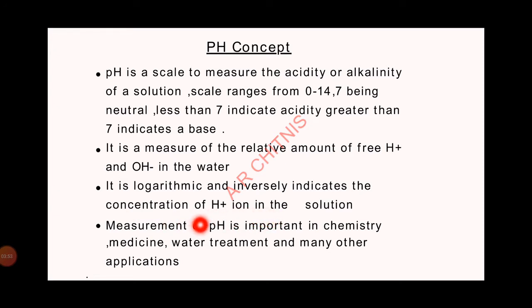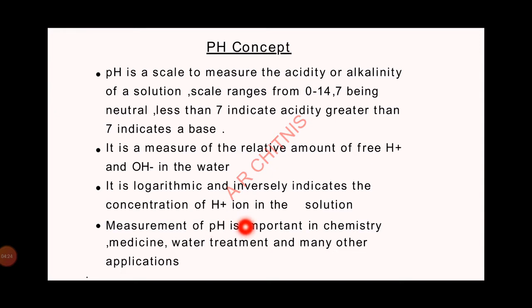So measurement of pH is important in chemistry, medicine, water treatment and many other applications. For some reactions, maintaining appropriate pH is important in order to carry out the reaction, so the pH of the solution becomes very important.